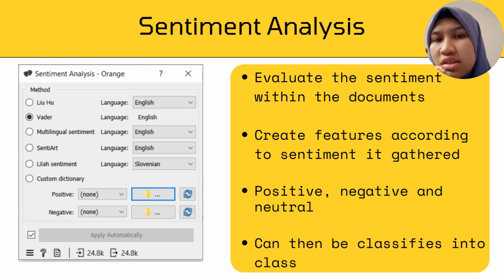Such sentiment is positive, negative, and neutral. It can then be classified into classes. So for example, a positive sentiment will put the comments we have gathered into the neither category. And if it's negative, it's going to be either hate speech or offensive language.